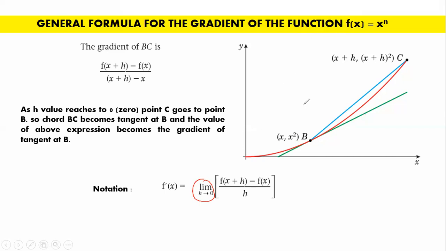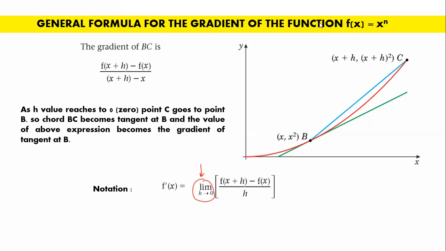Remember, the reason we have to write this limit notation is that we cannot divide a certain expression by 0 because it is undefined. However, when we write it in this form, it means h does not go to 0, but goes to a point very close to 0, which is almost 0. So we can avoid that undefined situation.